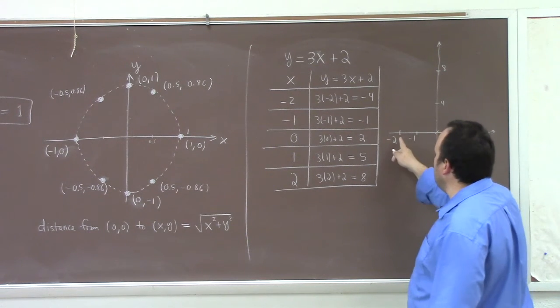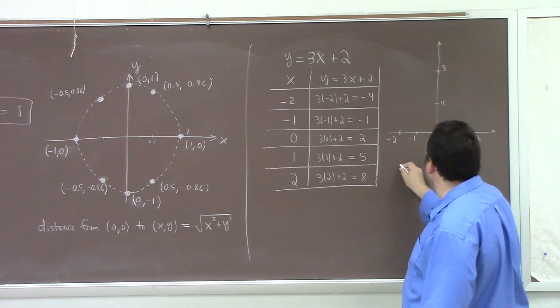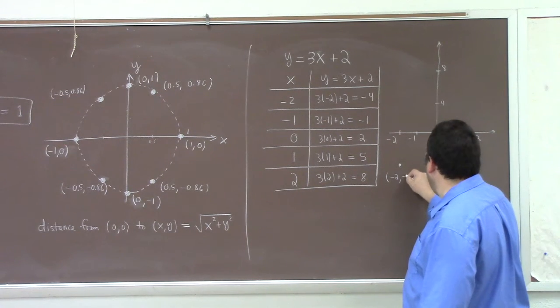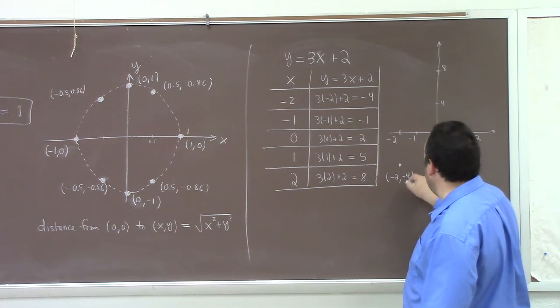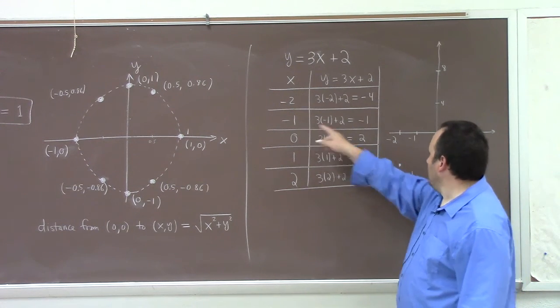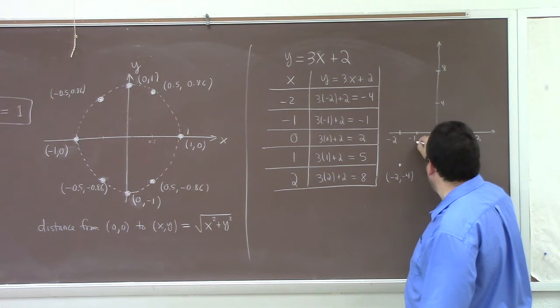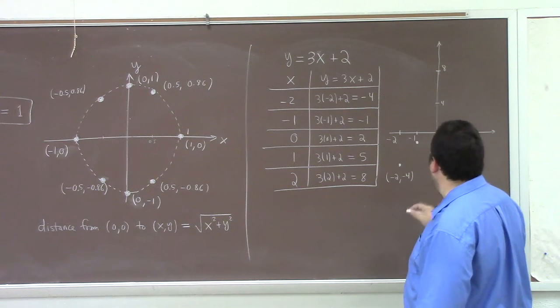Okay, so at minus 2, we got a what? Minus 4. That's that first point, right? And then when we get to minus 1, we're at minus 1, which is somewhere in here, right?